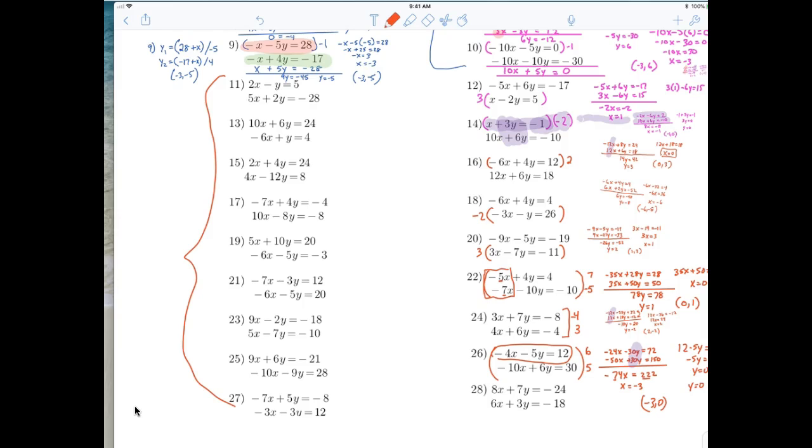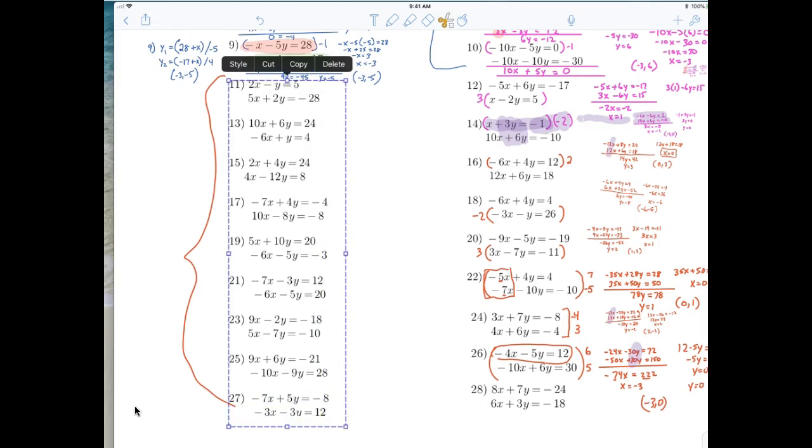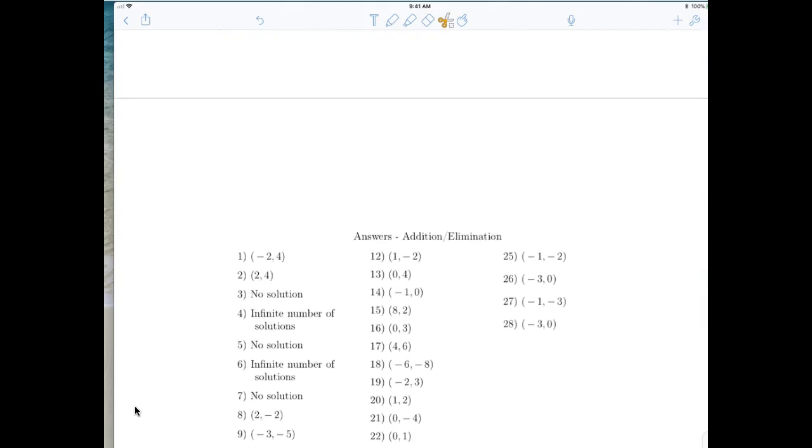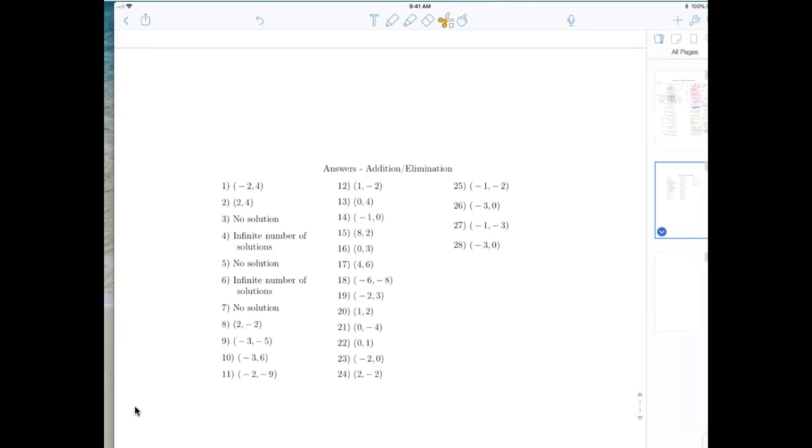So let's do the odds, 11 through 27. Now here's what I would like for you to do. I'm enjoying my iPad, and I don't like things all squished. So when I check it on Monday, for those of you who want some bonus, make your box big. Copy, and then create a new page.